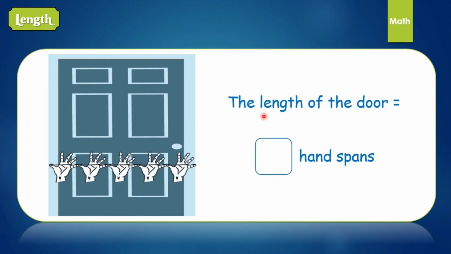So the length of the door equals how many spans? 5. Equals 5 hand spans. Did you get it? Okay, excellent.